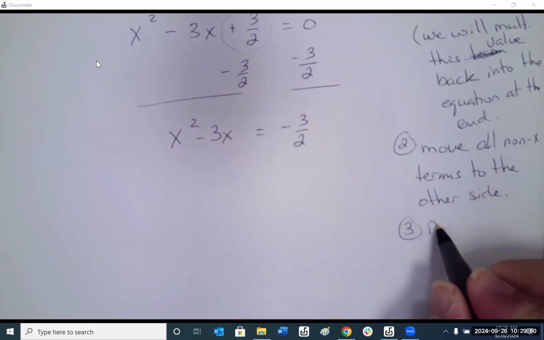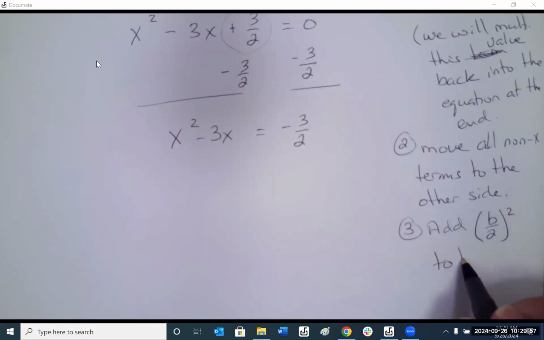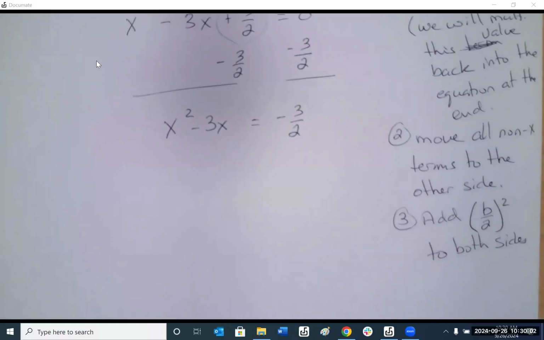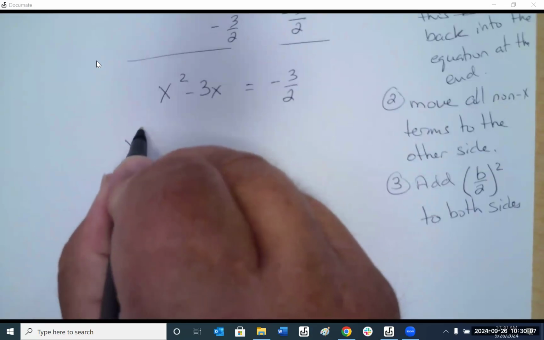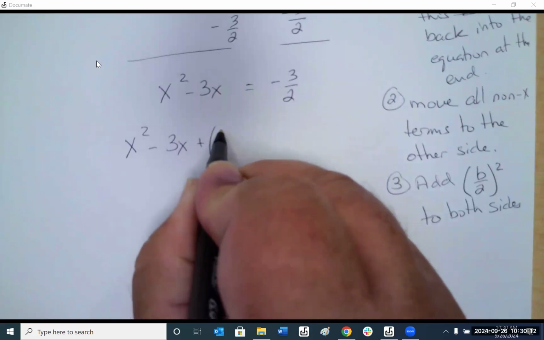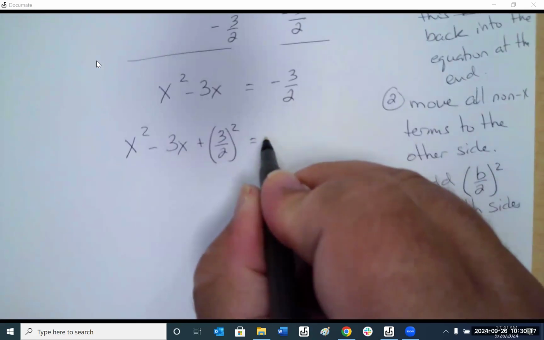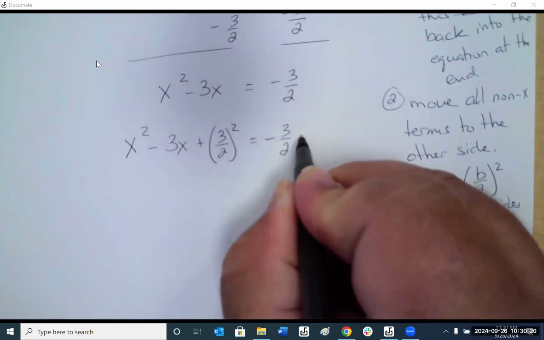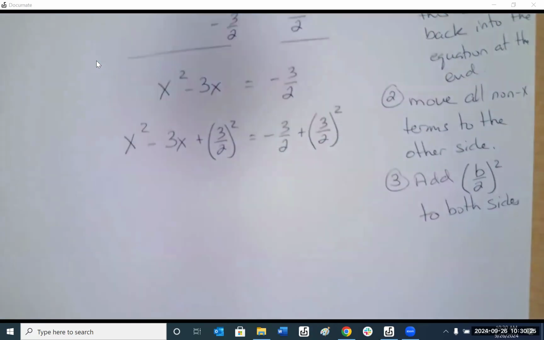Third step. Add b/2 squared to both sides. So we have x squared minus 3x plus 3/2 squared, negative 3/2 plus 3/2 squared.